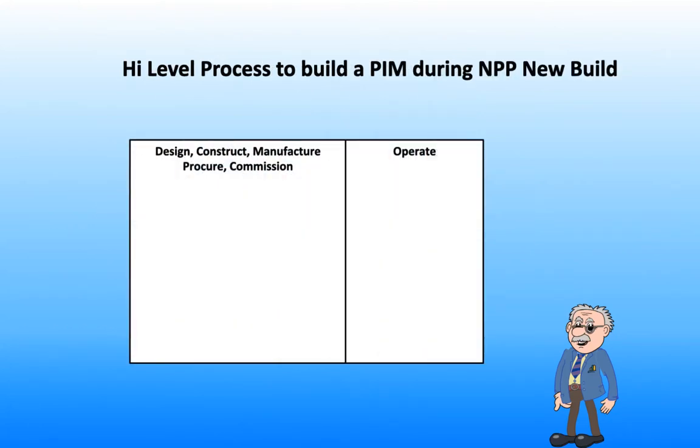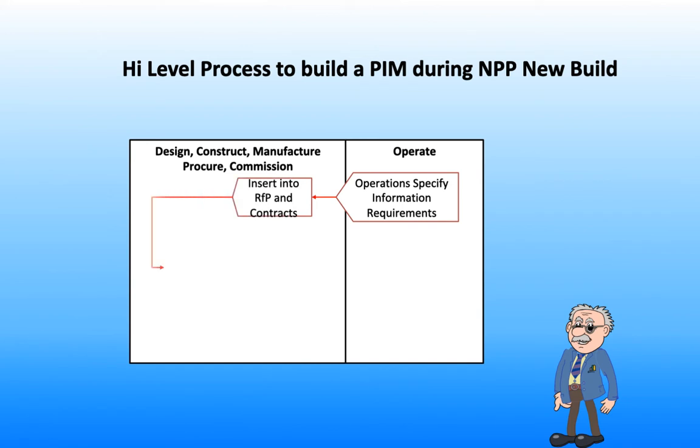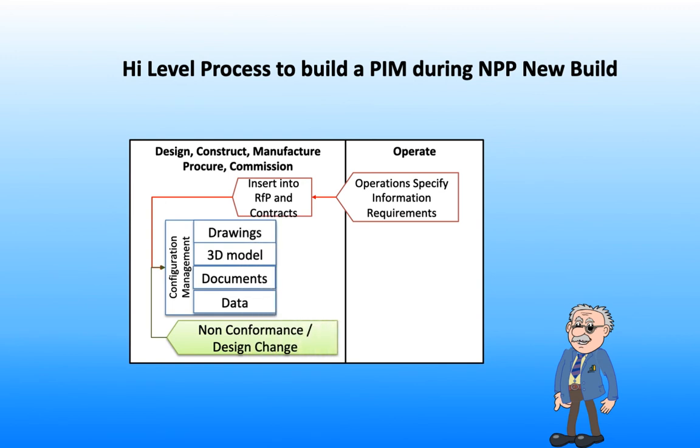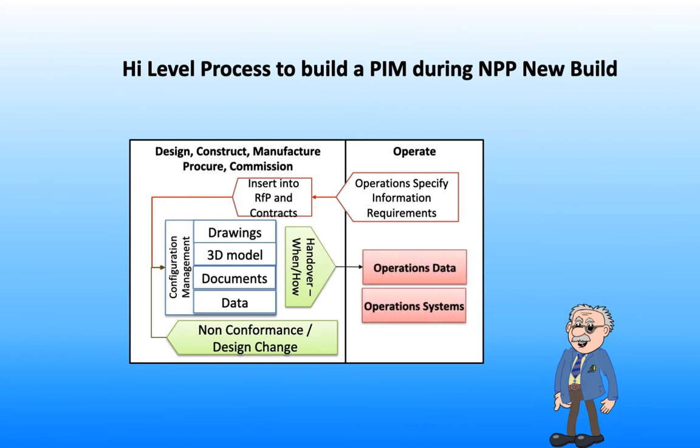This next diagram is a very high-level representation of the responsibilities to build a PIM in a new build situation. Each of these boxes obviously can be expanded. In order to build a PIM, sometimes called a digital twin, in a nuclear new build process, the owner-operator must firstly specify to the EPC, the engineer, procure and construction company, or companies, exactly what it wants in terms of information requirements.